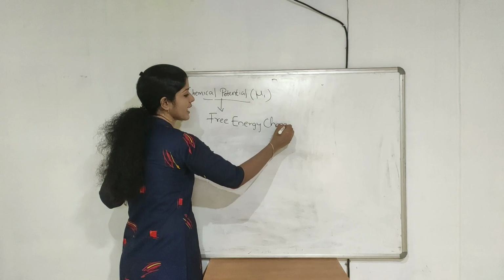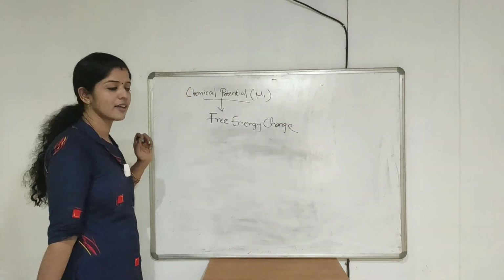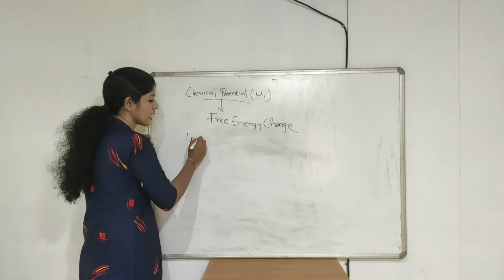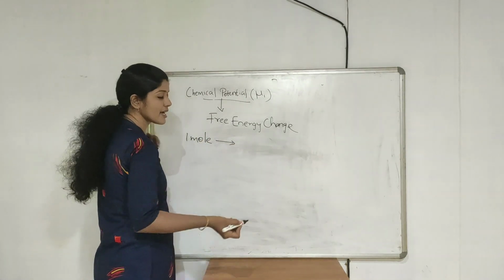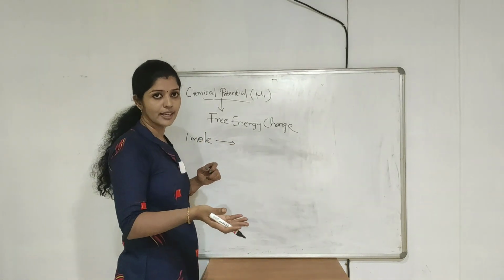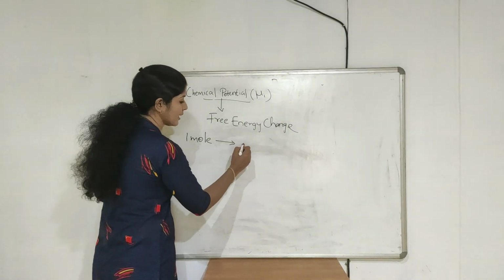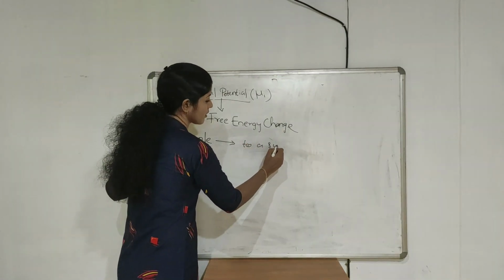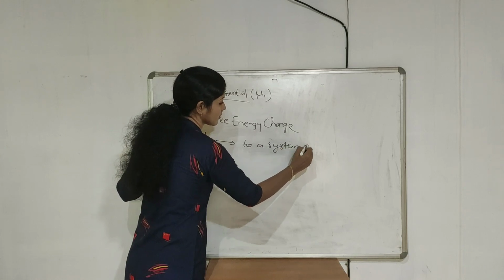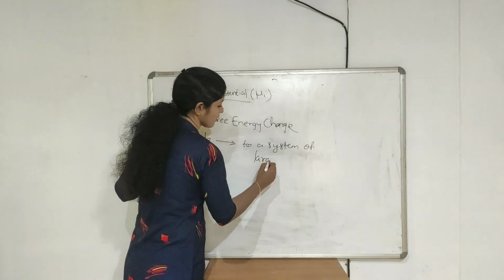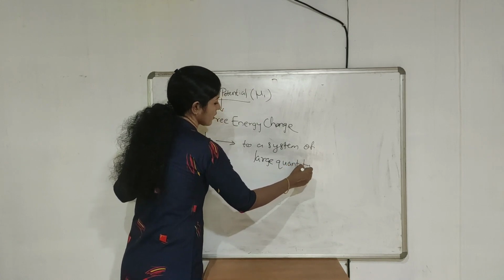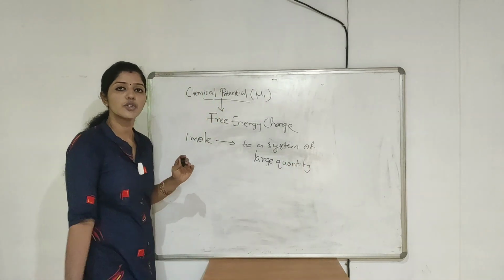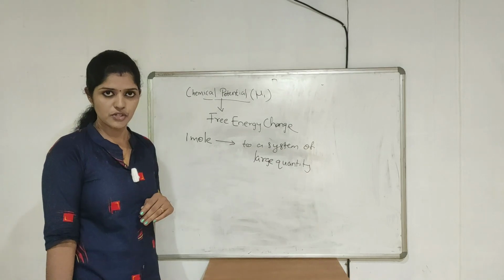It is the free energy change when 1 mole of a component is added to a system of large quantity, such that there is no change in its initial composition.